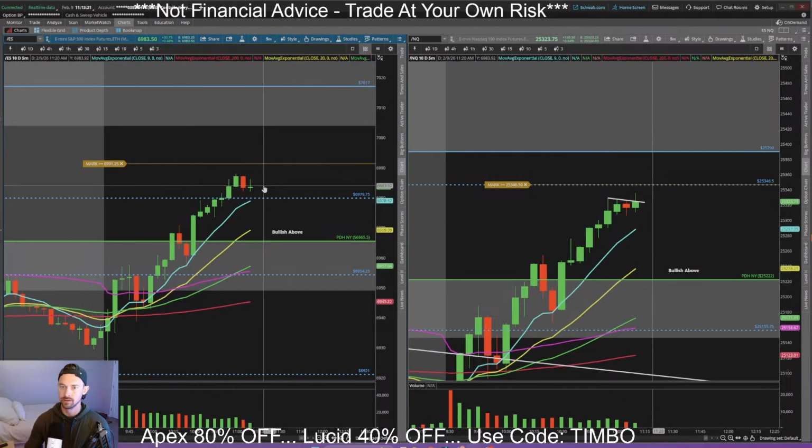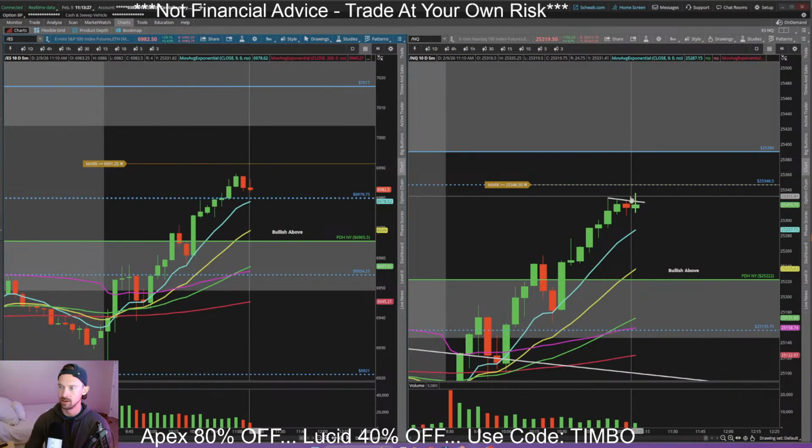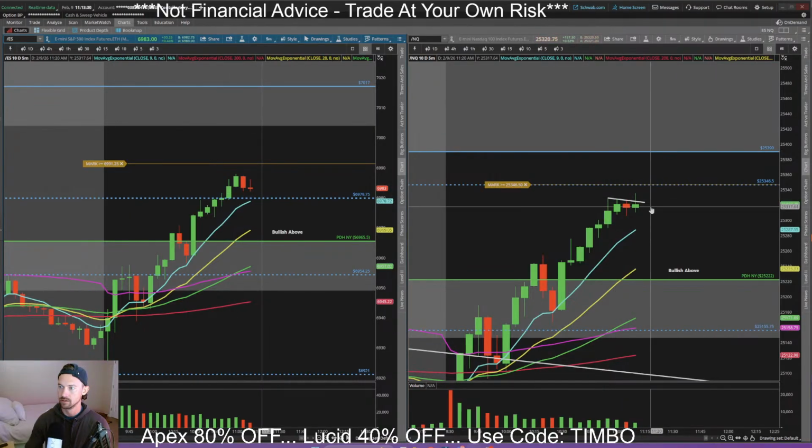All right, we're getting some rejection there on ES. NQ wicking above the previous high here. So maybe we'll get a little pullback.